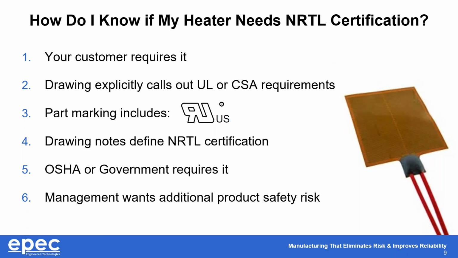And if not, sometimes the part marking on the drawing just simply has a UL mark like the one here on our screen. If that's shown on your drawing, that part needs the UL testing.